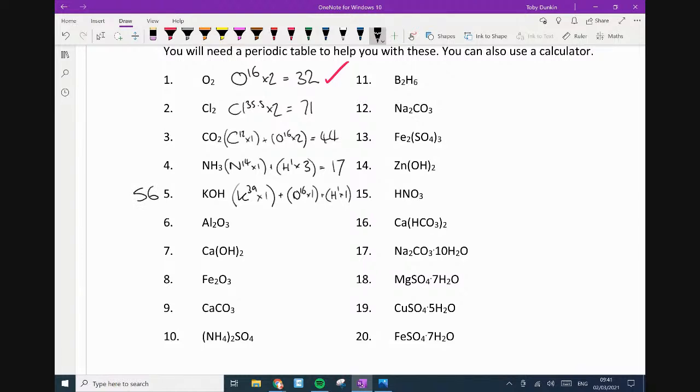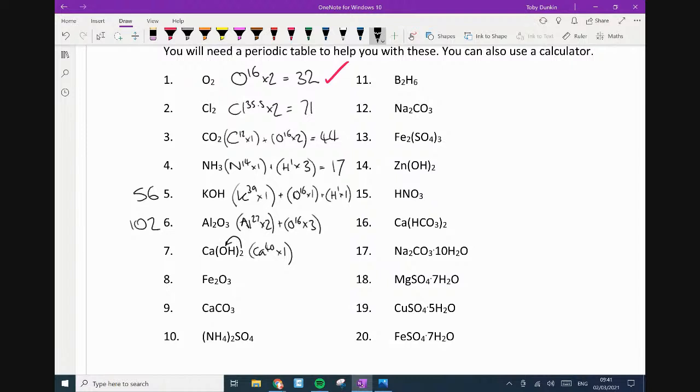Next one, aluminium oxide. Aluminium is 27, so 27 times 2 plus oxygen at 16 times 3. Total: 27 plus 27 plus 16 times 3 gives me 102. Tick it if you got it. Calcium hydroxide. Now it's getting a bit more difficult because calcium is 40 times 1 plus oxygen.